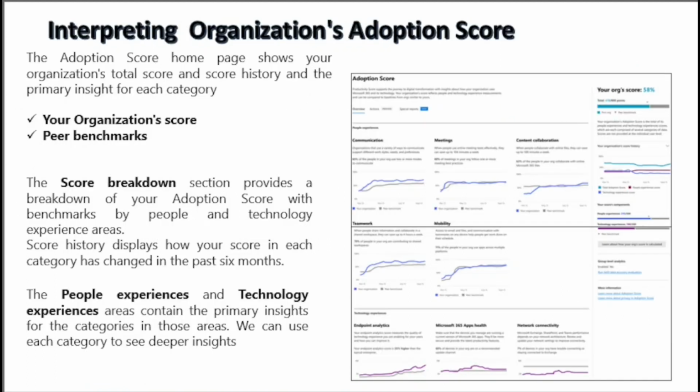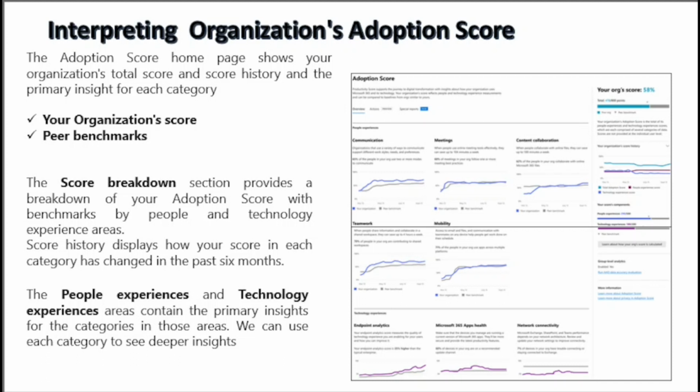Let's see how to interpret the organization Adoption Score. The Adoption Score homepage shows your organization's total scores, the score history and the primary insights for each category. Your organization score is shown as a percentage value and in points, where we can see points in the numerator and the maximum possible points in the denominator.